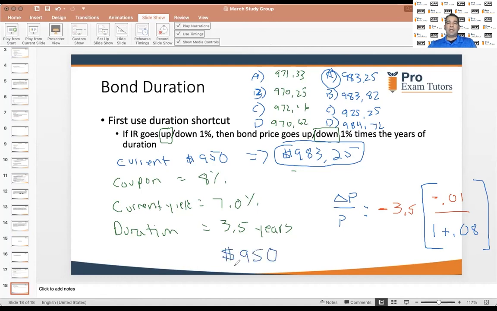If you did, you take 950 times 1.0324, and what you get is an exact price on this bond of $980.79. That's the exact price. If interest rates on a bond yielding 8% drop to 7%, and the duration is 3.5, we estimated 983.25 just using the shortcut, but it actually comes out to be 980.79.